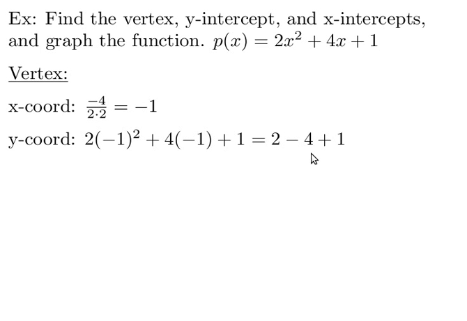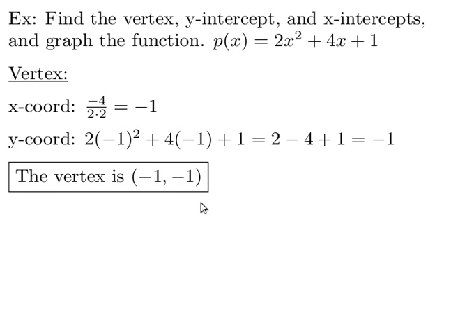So 2 minus 4 will give you, sorry, not negative 3, negative 2. Plus 1 will give you negative 1. So our vertex is negative 1 comma negative 1. The vertex is negative 1 comma negative 1, and I'm going to box our answer.